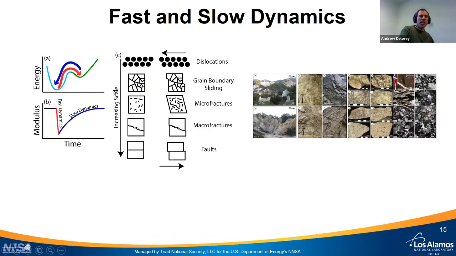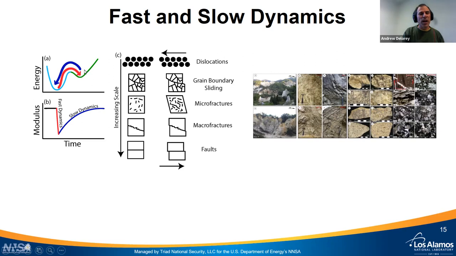And I mentioned fast and slow dynamics, and this is the way I like to think about it, because I'm going to be talking about this a little bit later with some of the observations, where you have more than one energy state, which relates to different contact behaviors. When something is perturbed, it goes into some kind of a metastable state, and it sits there for a while, and it might be softer.